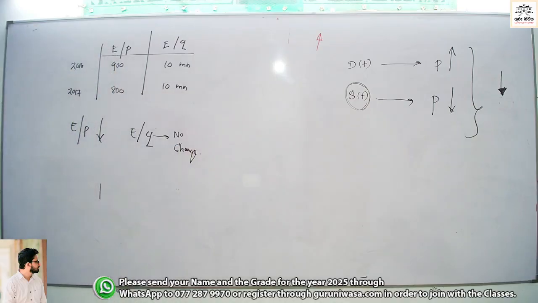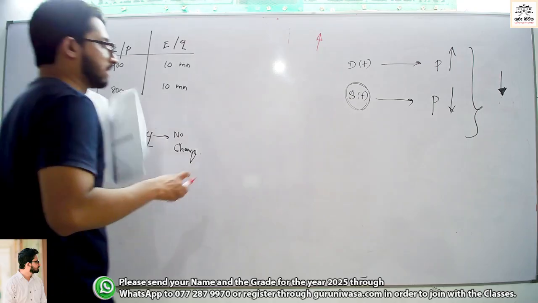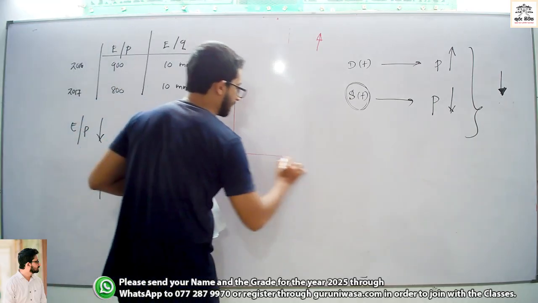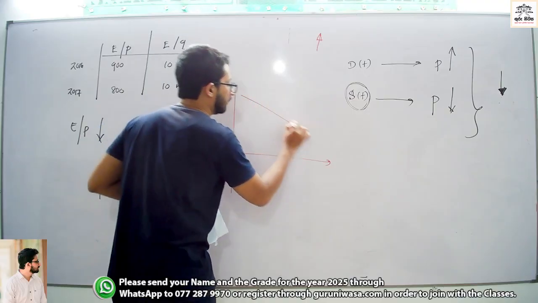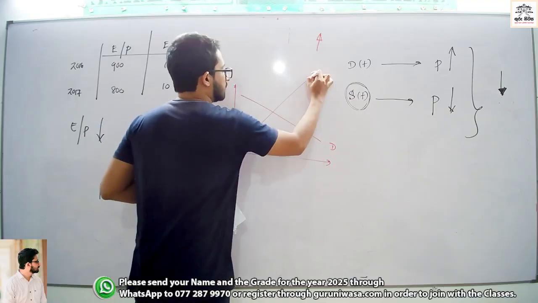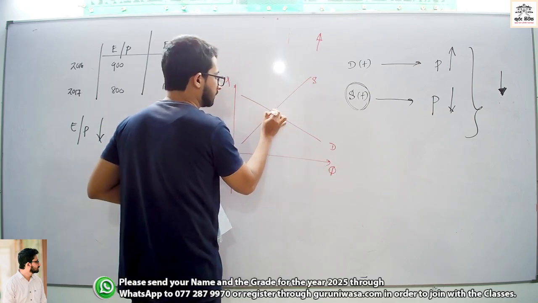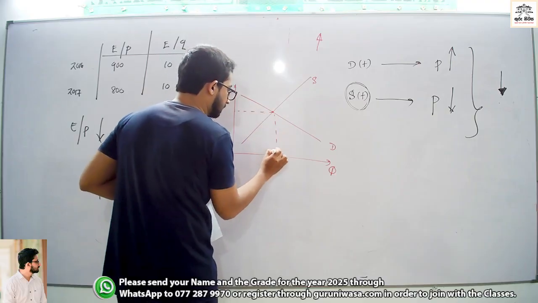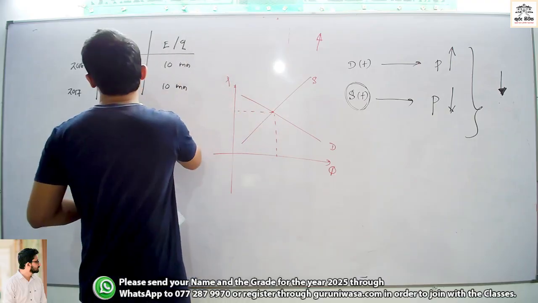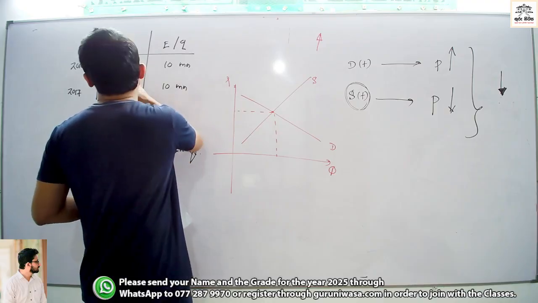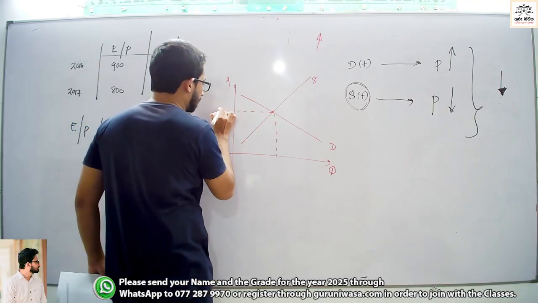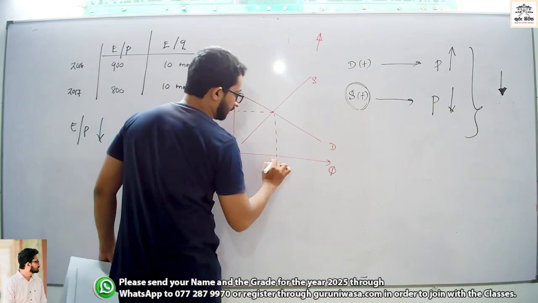Okay. If I draw a diagram for the last answer, the fifth answer, as Dipna said: demand curve, supply curve, price, quantity, equilibrium price and quantity. Assume the equilibrium price in 2016 is 900 rupees and quantity 10 million.